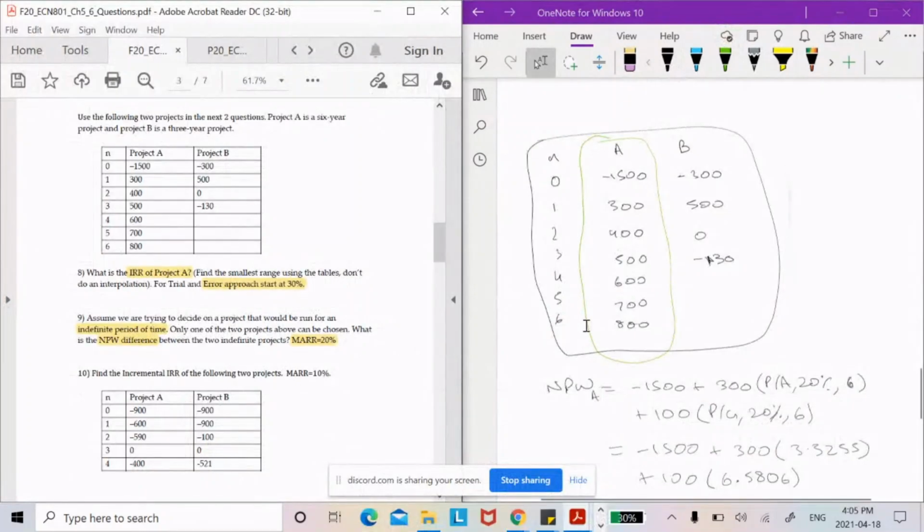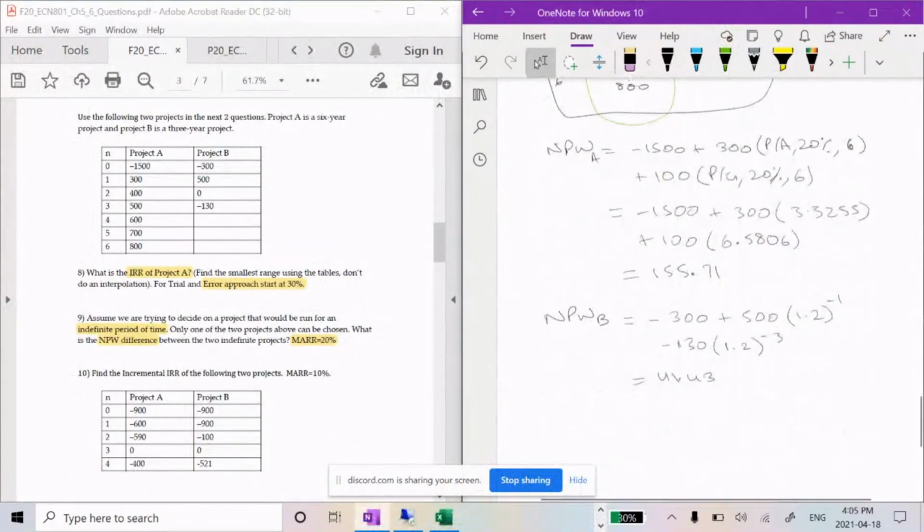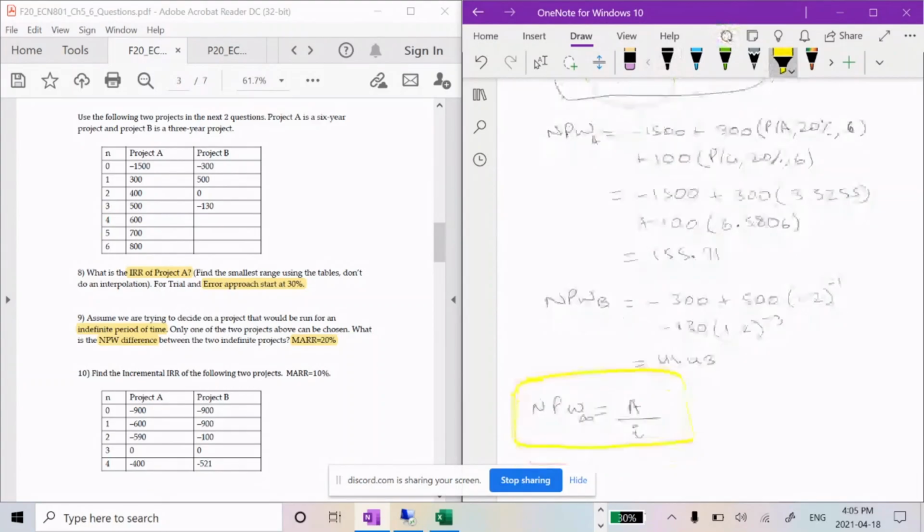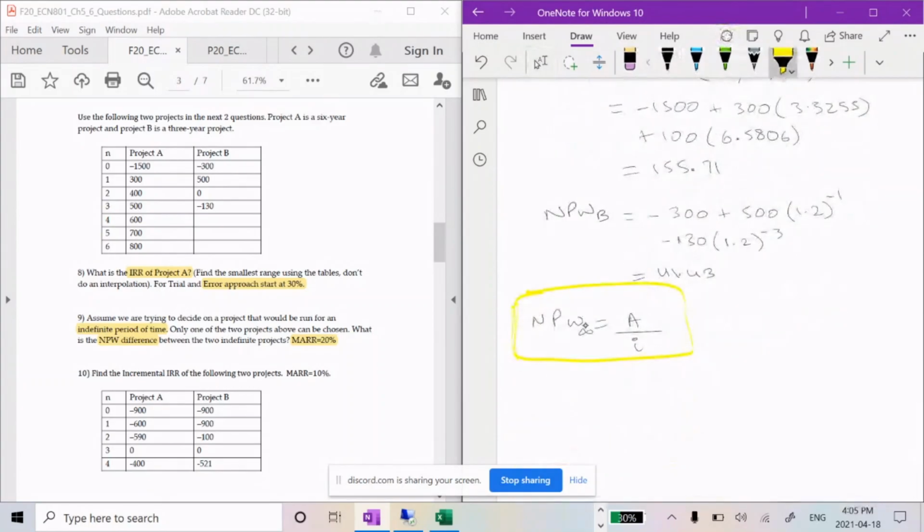What we need to do for the indefinite case is use the net present worth of A to find the annual equivalent cost for A. We use this formula, net present worth equals A by I. This is only for the infinite case. If we need the net present worth of an infinite series, we use this formula. Now we can find the AEC infinite.